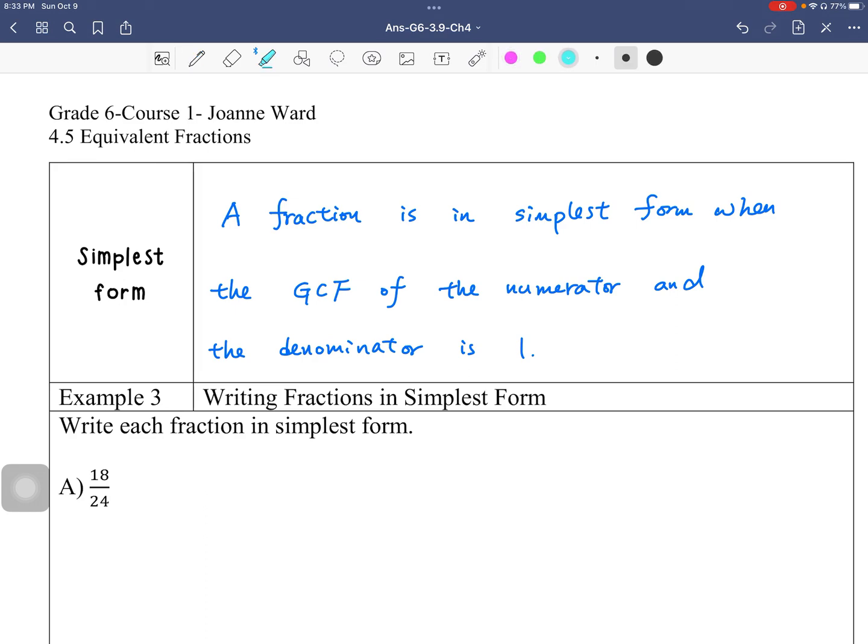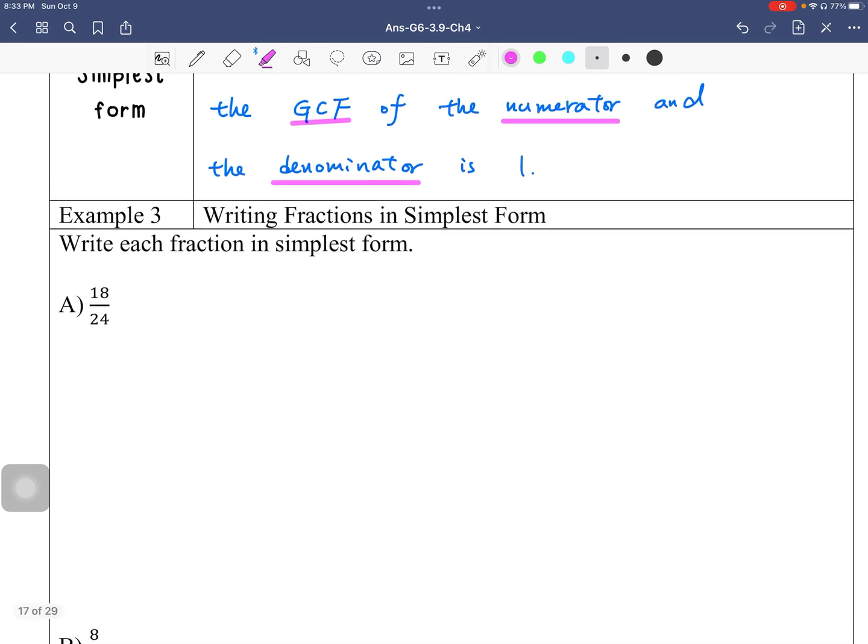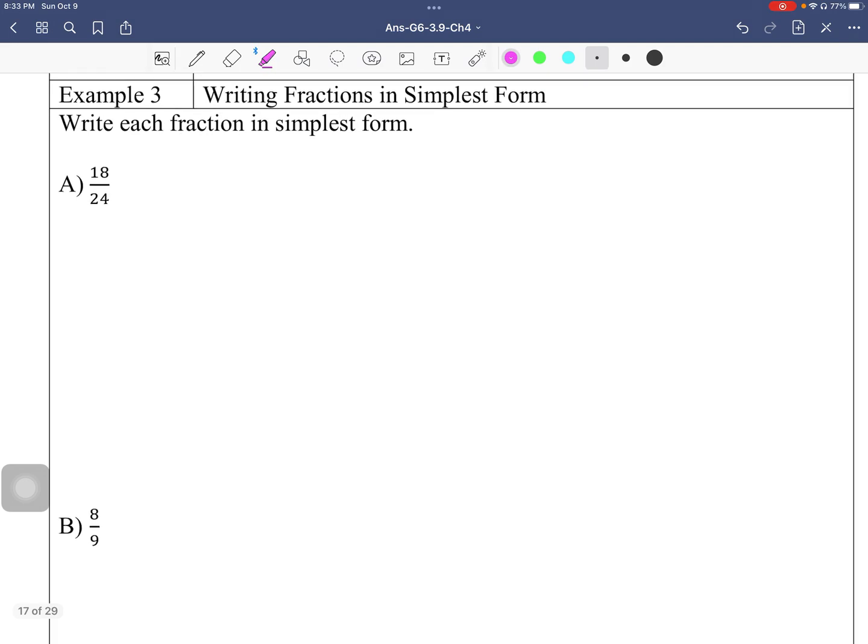When the GCF of the numerator and denominator is 1, then that's what we call the simplest form.